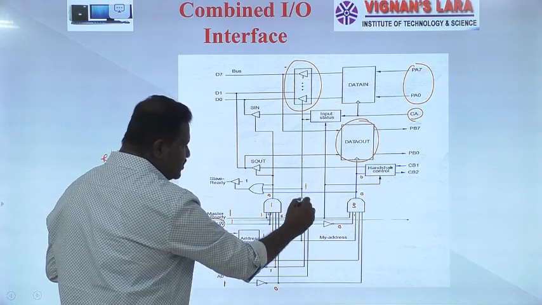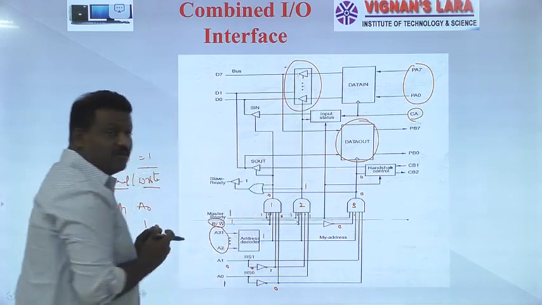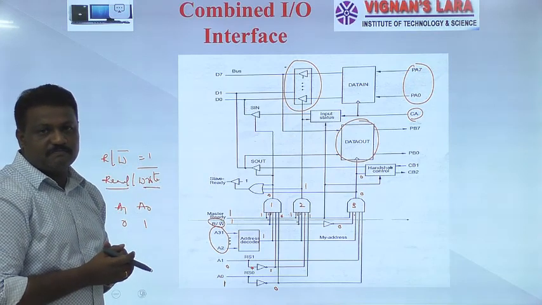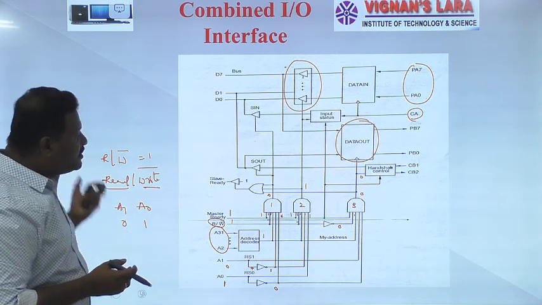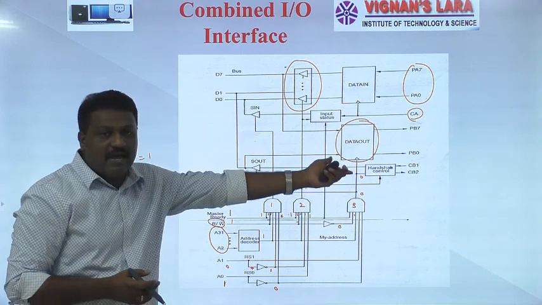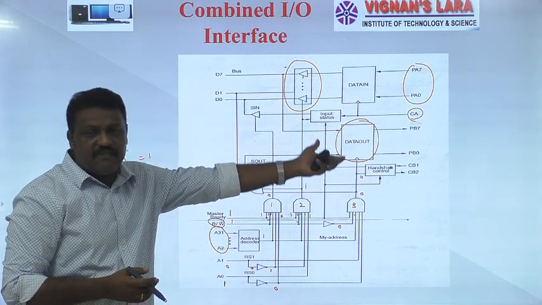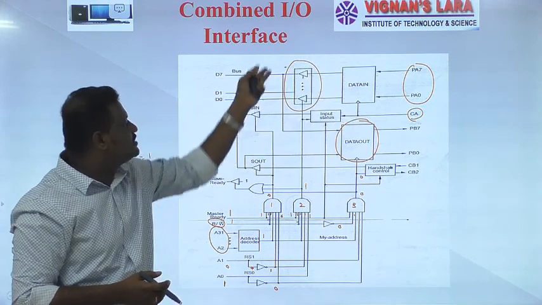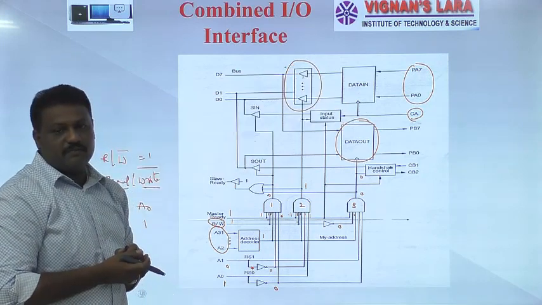If this AND gate 2 is set to 1, this driver circuit is active and it is ready to receive data from the data in register. So like that, our processor receives the data from an external device, with the help of these PA0 to PA7 lines, the data in register and this particular driver.